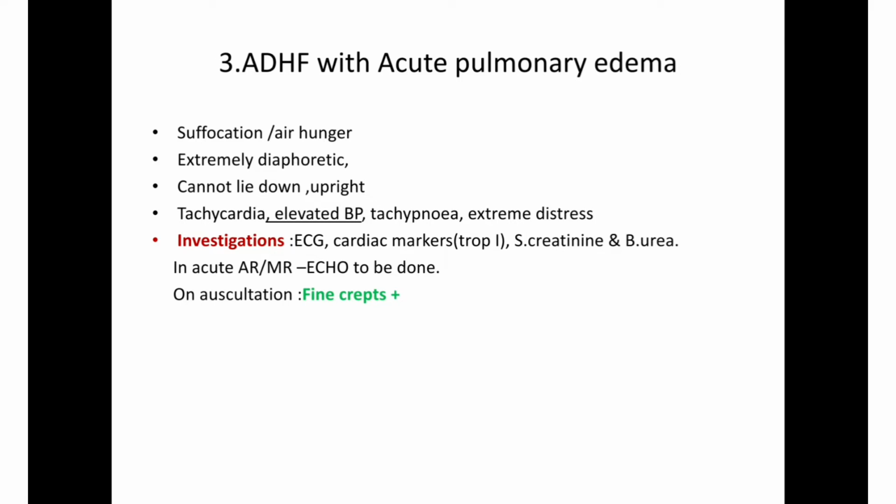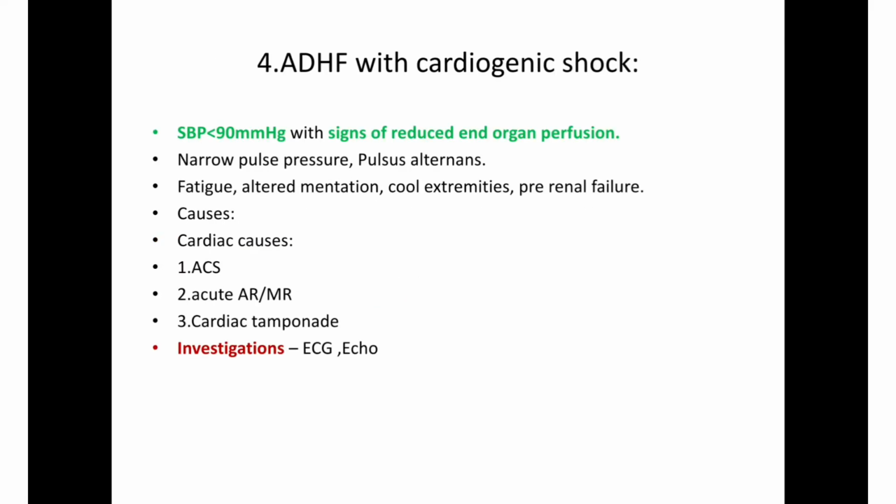So this was the third classification. Let's look into the fourth, ADHF with cardiogenic shock, which happens in 5% of patients. Here the systolic blood pressure is less than 90 millimeters of mercury, with signs of reduced end organ perfusion. There is narrow pulse pressure and pulsus alternans.